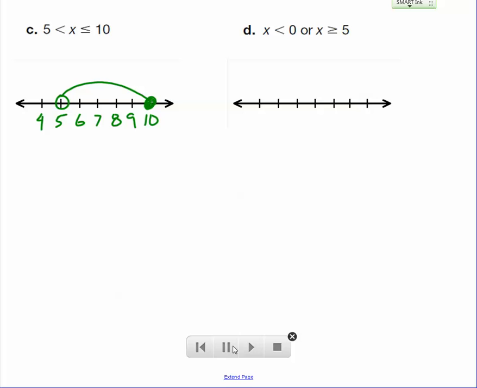So let's scale our number line. Start at 0. I'll go up to 6. Less than 0 would be an open dot at 0 with an arrow to the left. And greater than or equal to 5 would be a closed dot at 5 and an arrow to the right. So this graph shows all the numbers that are less than 0 or greater than or equal to 5.